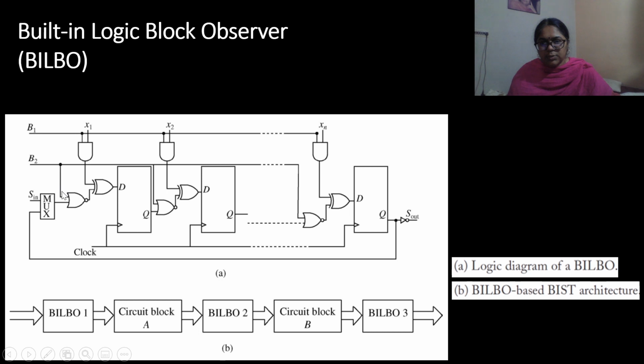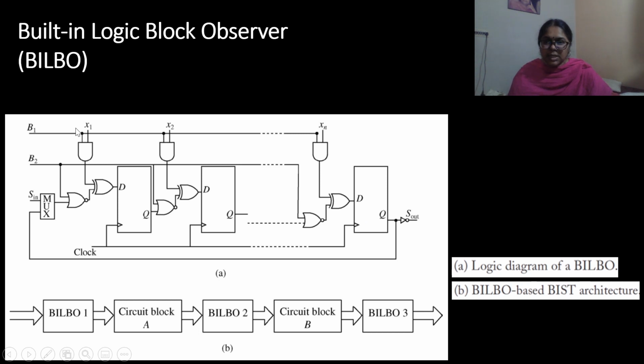So if B2 is equal to 1, one of the inputs to the NOR gate is equal to 1, then the output is equal to 0. So 0, 0, the output of the XOR gate will be 0. So everywhere the D input will be 0, and the shift register is going to reset.